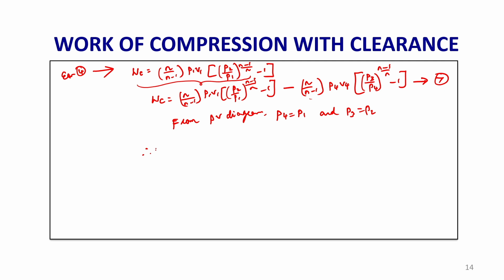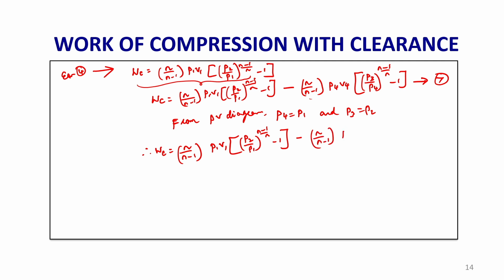So, therefore, work of compression is equal to n by n minus 1 into P1 V1 multiplied by P2 by P1, let us keep the first term as it is, whole power n minus 1 by n minus 1, minus n by n minus 1.